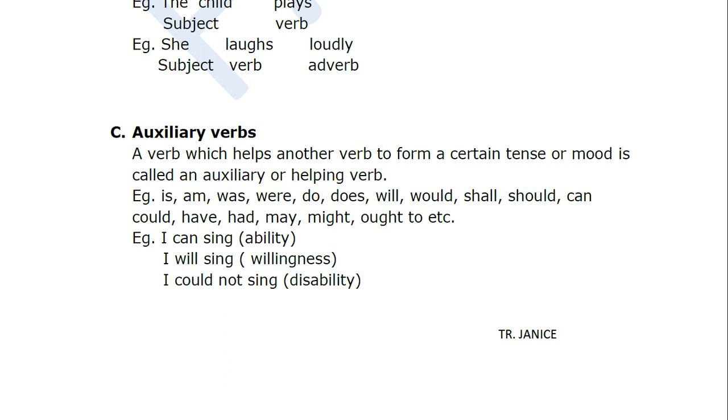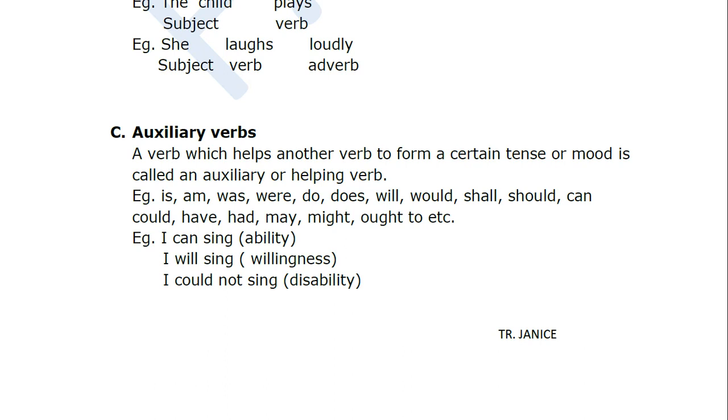This all tells you more about the action do, whether you are willing to do, you are able to do, you are not able to do, you are unwilling to do. So it tells you more about the action. So it's a helping verb, it is also a verb, but it is helping the main verb.